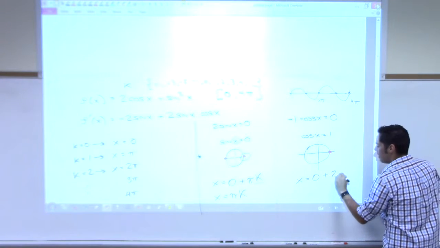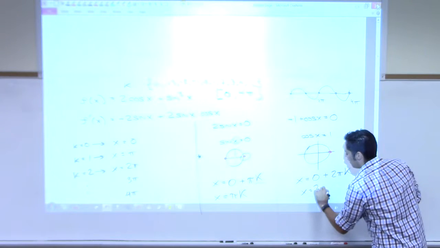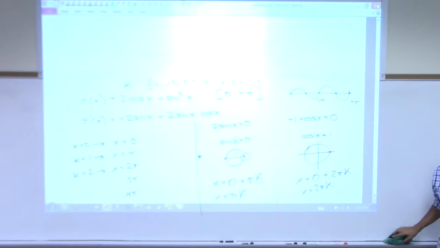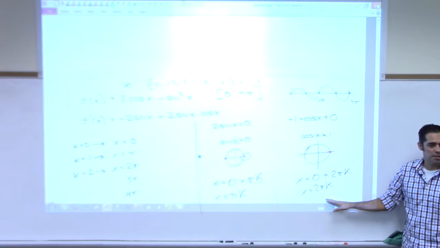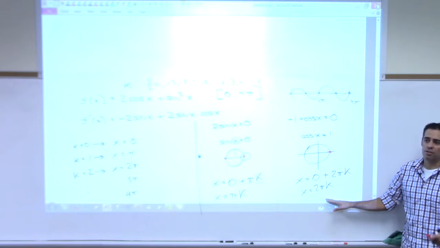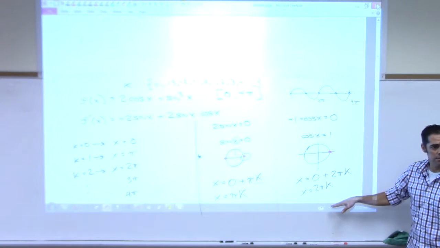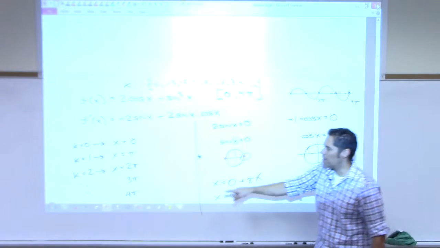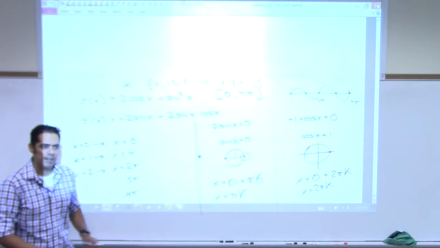So you go 2 pi k. So x is 2 pi k. Got it? So if k is 0, you get 0. If k is 1, you get 2 pi. If k is 2, you get 4 pi, and so on and so forth. But we notice that every answer here is actually already included over here, isn't it? So these are my only critical numbers. Understand?